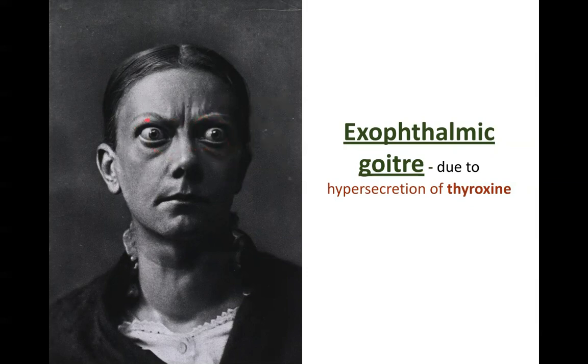It's very limited, due to which it looks as if a person is staring at you. Okay, this is therefore called exophthalmic goiter. This is due to hypersecretion of thyroxine. So by now you must have understood both hyposecretion of any hormonal gland or its hypersecretion produces serious defects.